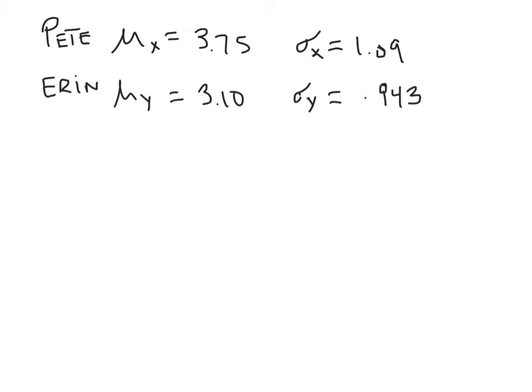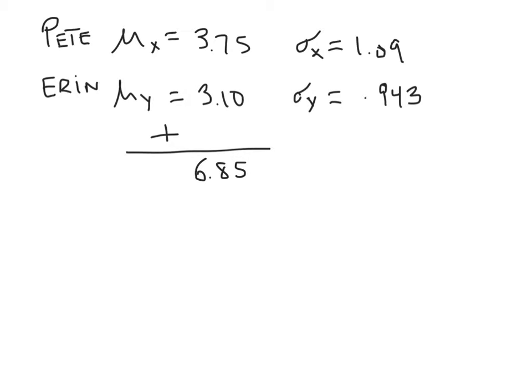Well, the easy part is the expected value: you just add them up. We just add these two together, and if you add those together, you get 6.85. Now, the problem is the variances.